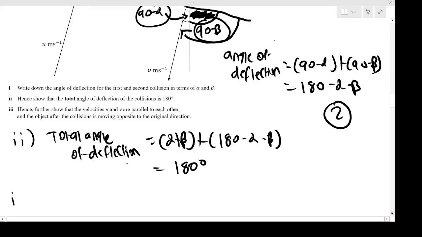And then it says lastly, hence further show that the velocities v and u are moving parallel to each other, and that the object is moving opposite to the original direction. Okay, so what does this mean then? The total angle deflection is telling me how much in total the angle of direction has changed after the collisions.